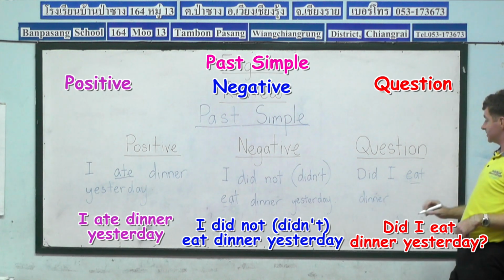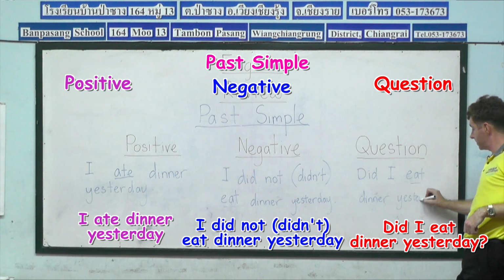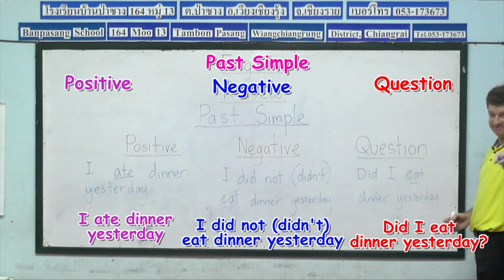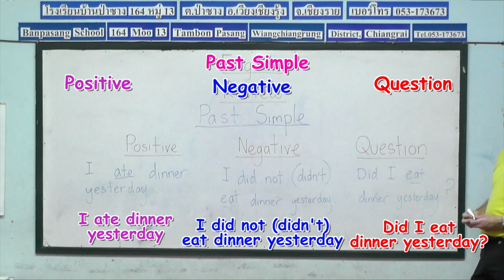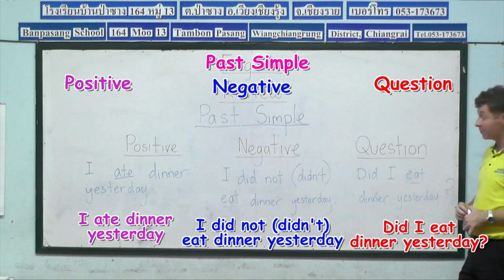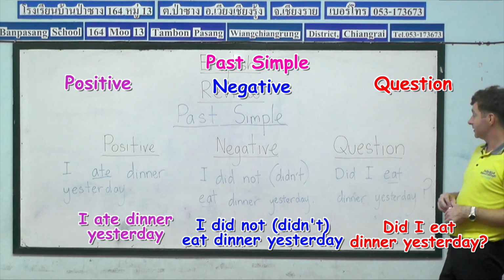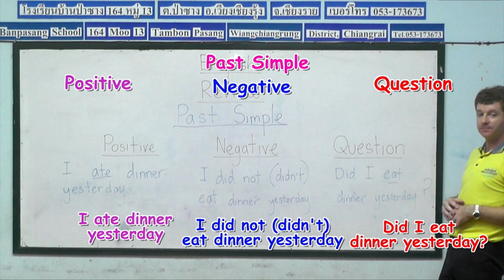D-I-N-N-E-R. And yesterday? Y-E-S-T-E-R-D-A-Y. Excellent. Perfect. I was going to say, and what comes at the end? So that's brilliant, guys. You remember really well. Question, did I eat dinner yesterday?